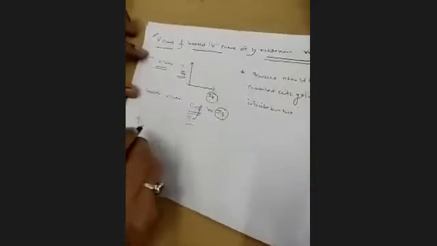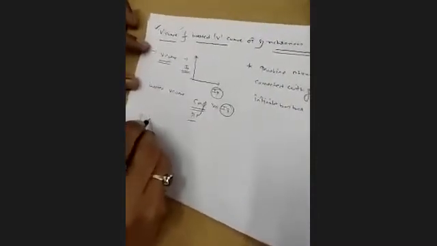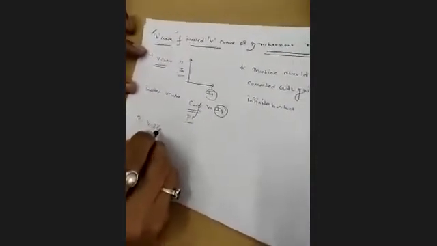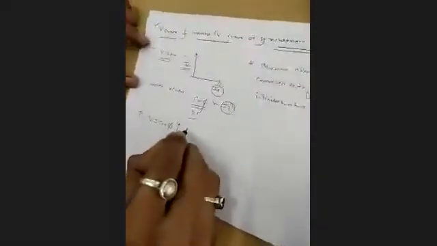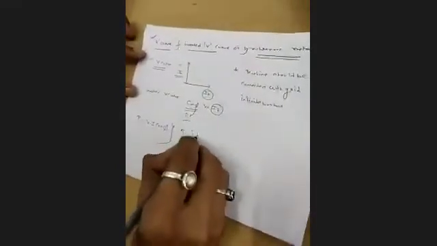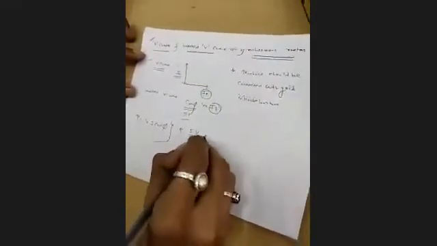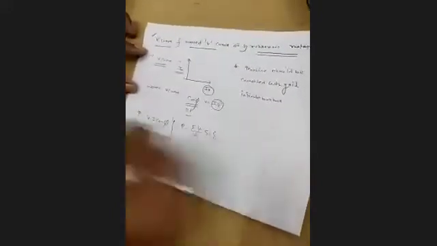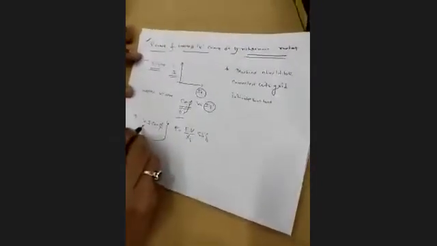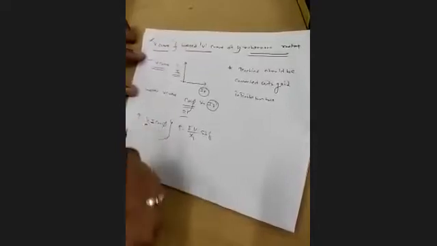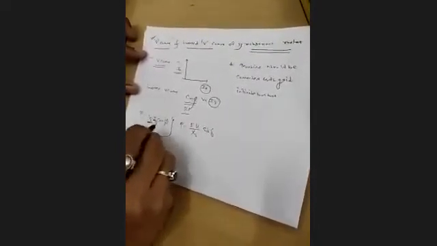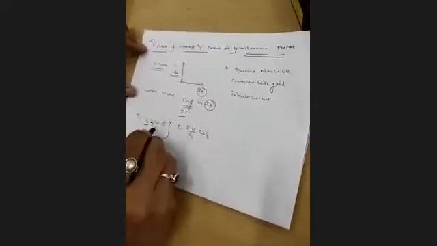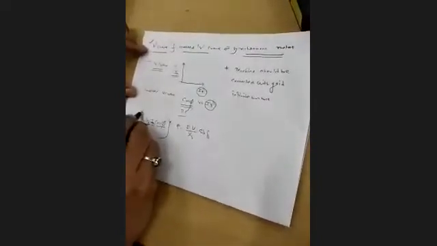We know the active power is V I cos phi. We know this thing. And for a synchronous machine, this active power can be defined by E into V divided by X sine delta, where Vt is the terminal voltage, Ia is the armature current, cos phi is the power factor, and P is the active power.